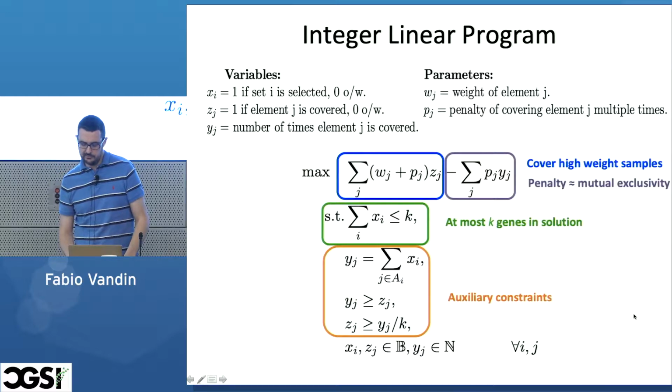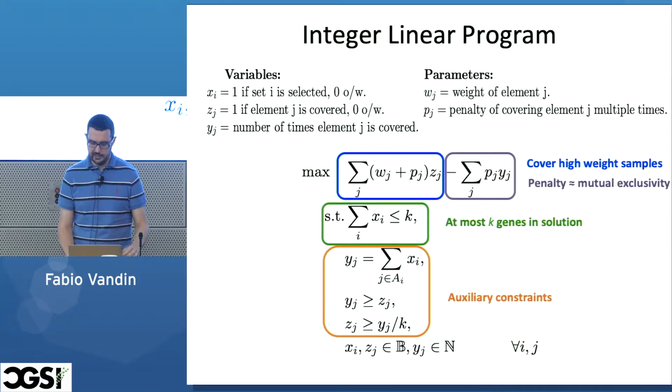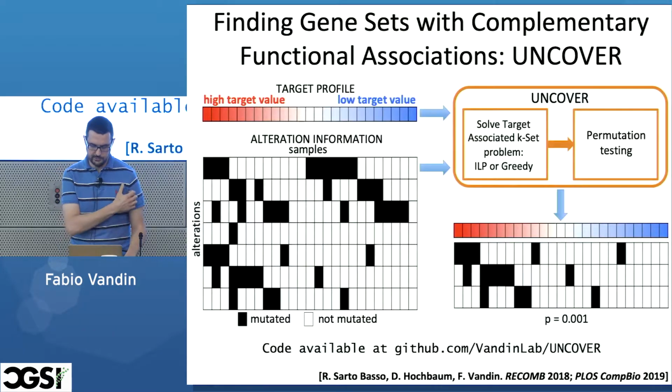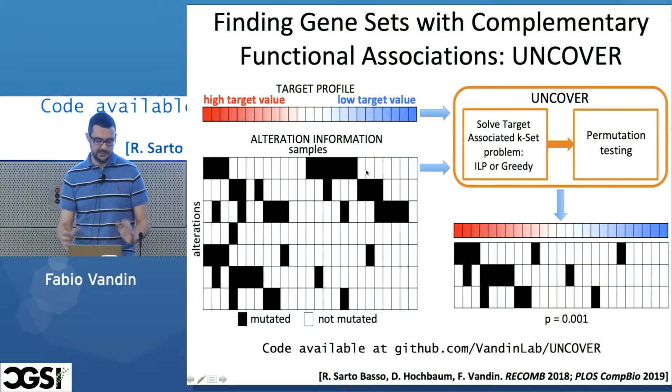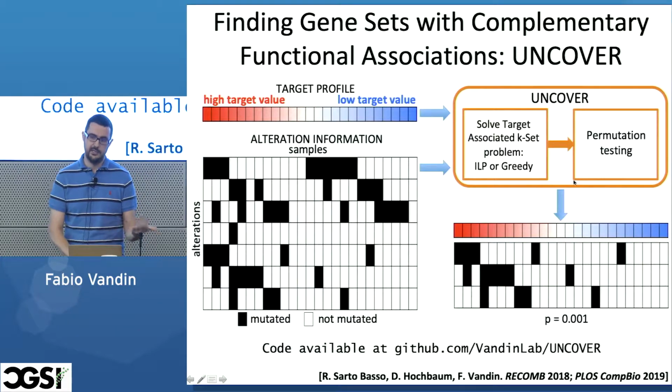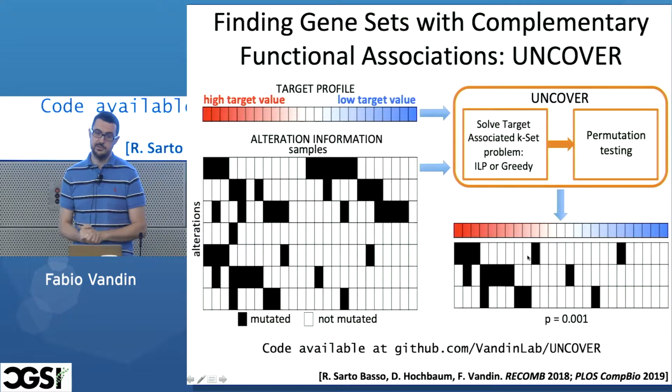Okay, so we implemented our algorithms, both the greedy algorithm and the ILP, in our tool Uncover. It takes this alteration information for a large number of samples and the corresponding profile for each sample, where we have a value for each sample. And by running either the ILP or the greedy, we obtain sets of alterations that are fairly mutually exclusive and associated with the target profile.